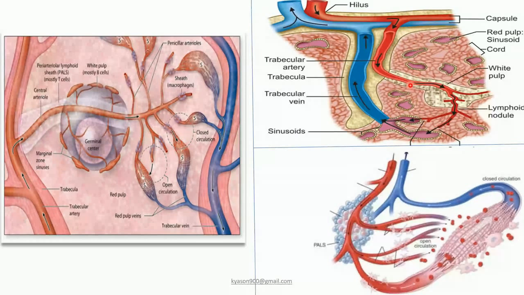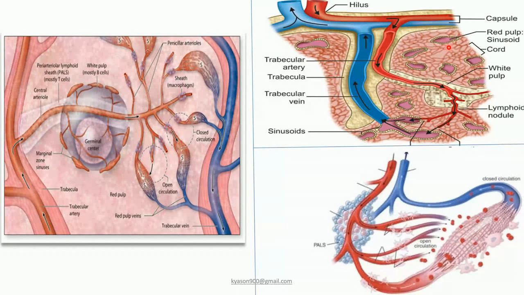We already talked about that, and we say the function is to allow targeting of pathogens. Then we can see that in the red pulp we have the splenic cords made up of reticular connective tissue, but also we have sinusoids.